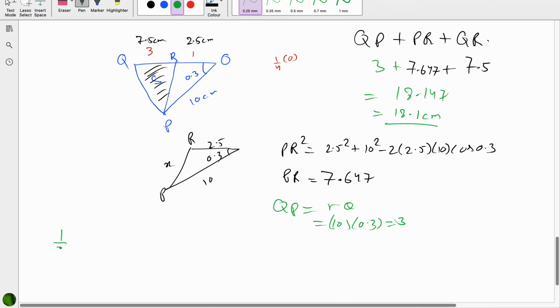So the complete area is 1 by 2 r squared theta minus 1 by 2 ab sine C. Using the calculator, 0.5 times 10 squared times 0.3 minus 0.5 times 10 times 2.5 times sine 0.3, and we're left with 11.3 centimeters squared.